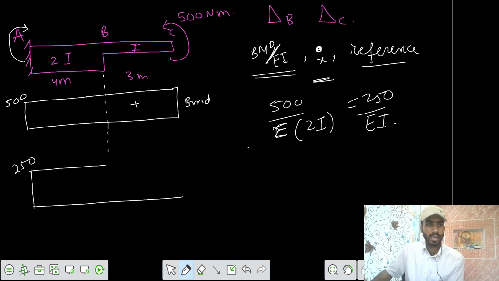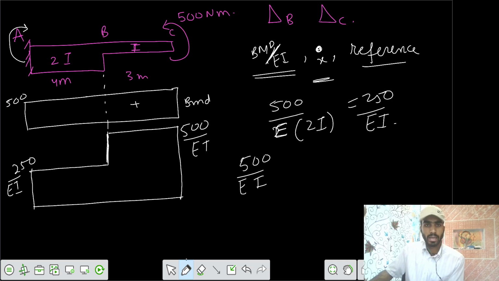Then after that, your I changes from 2I to I, so we write 500 by E into I, so your value becomes 500 by EI. Your value rises by another 250. So finally your value becomes 500 by EI here. This is the M by EI diagram.